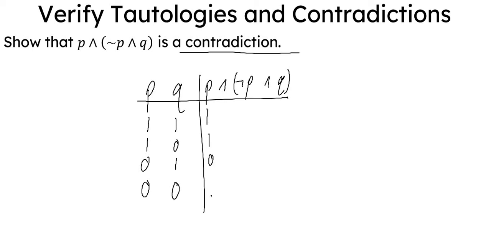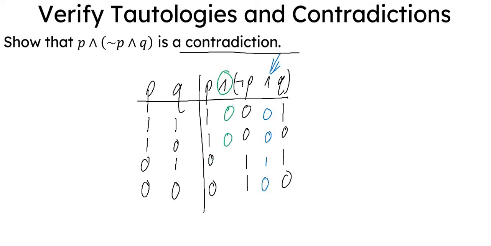Then same values for P, same values for Q. My not P is opposite of that one, so 0, 0, 1, 1. And then we would now have to conjunct that one, so this is 0, 0, 1, 0. And then this one, the blue column, is what we have to conjunct with P. So this will become 0, 0, 0, and 0. All false, as we can see here. Since it's all false, therefore this is a contradiction.